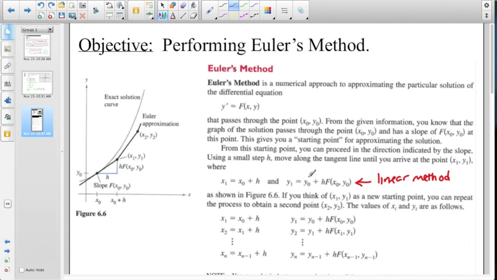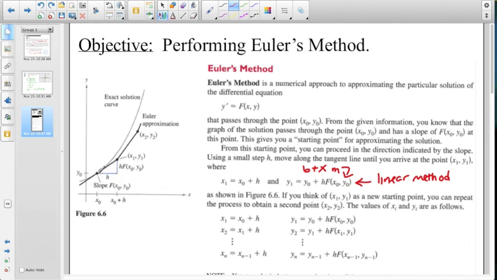So we really have a y equals mx plus b form to this linear approximation, and that's what we use to determine this new value for y.